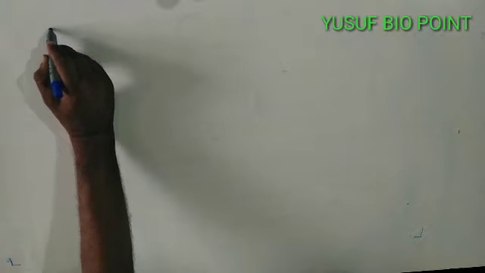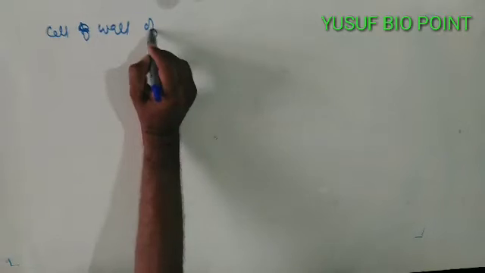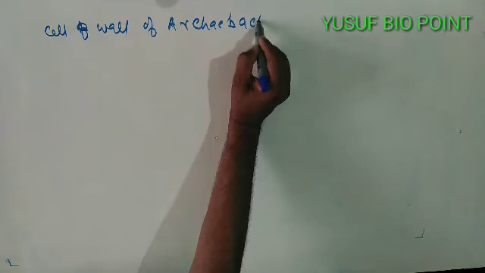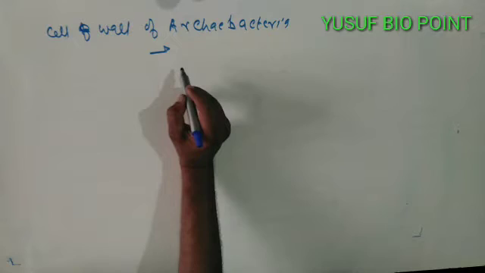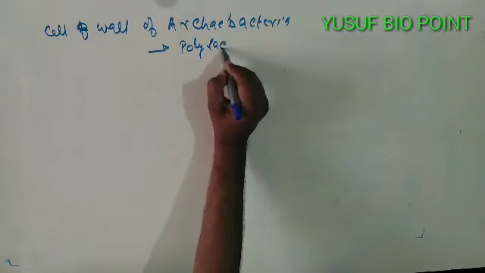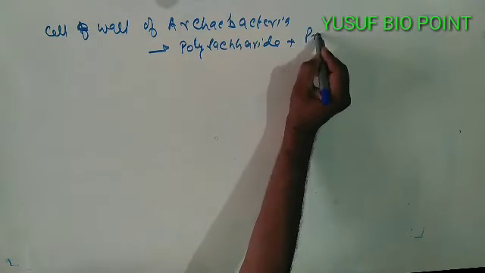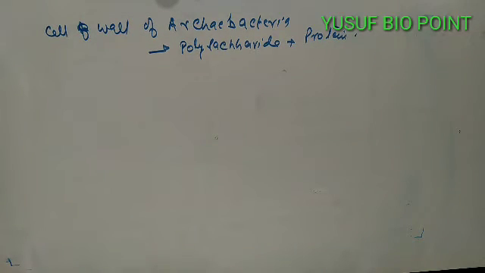The cell wall of the Archaebacteria is made of polysaccharides and protein, which means the cell wall of the Archaebacteria is made up of polysaccharides and protein.